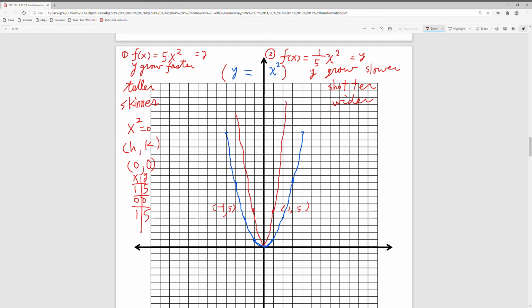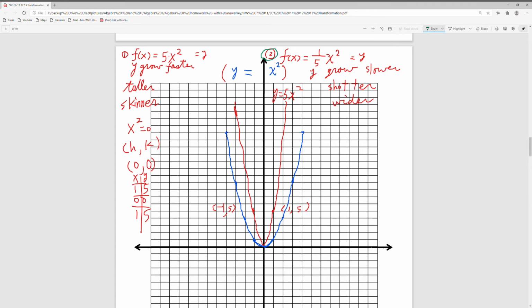Okay, looks like a parabola. If you want, you may plug in more points, that's okay. So this is y equals 5x squared. Grow faster, grow skinnier. And then let me use green color for number 2.